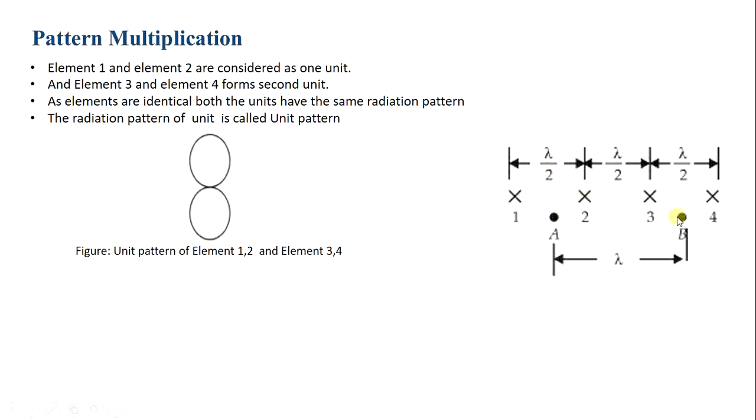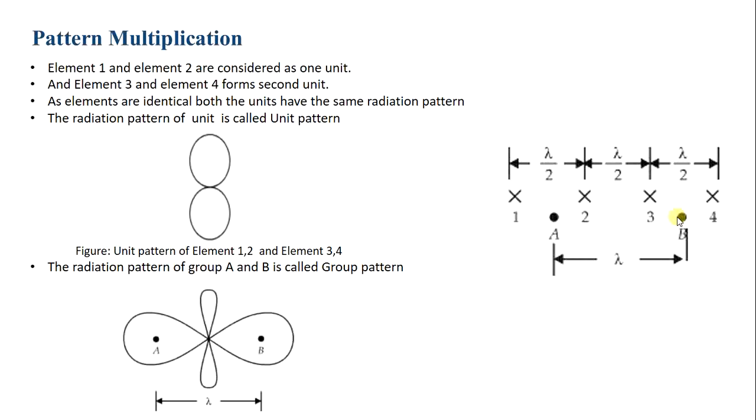The radiation pattern of this group A and B is called the group pattern. A and B are spaced at a distance lambda; you can see this is lambda by 4, this is lambda by 2, and the remaining lambda by 4, so the total spacing is lambda, and this is the radiation pattern for group A and B.